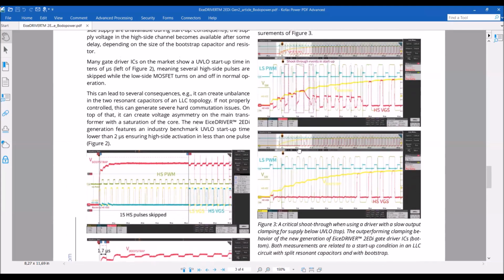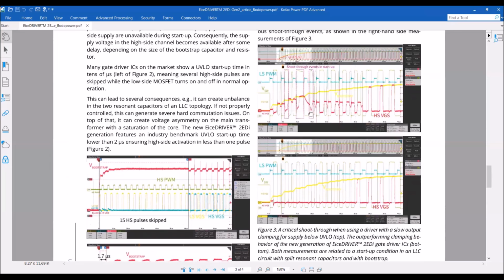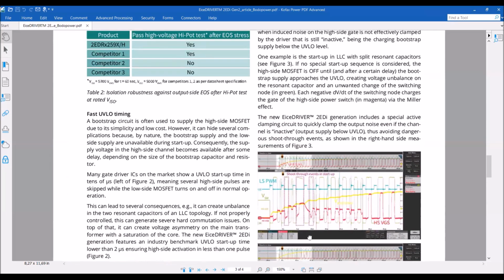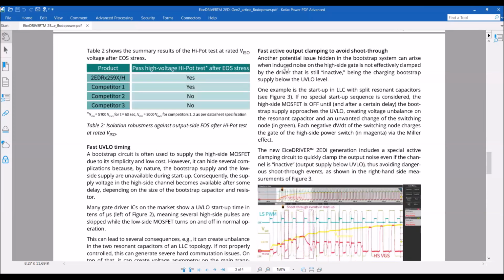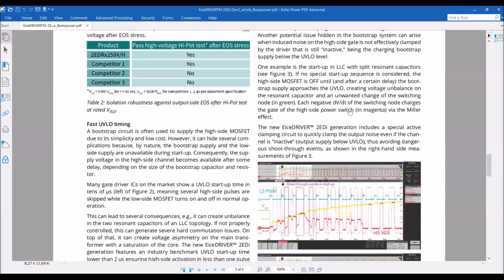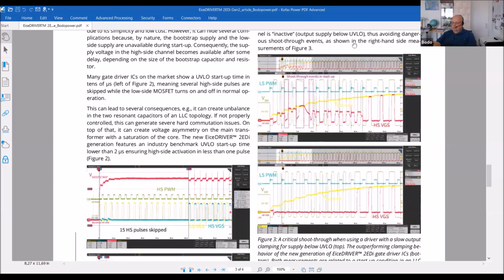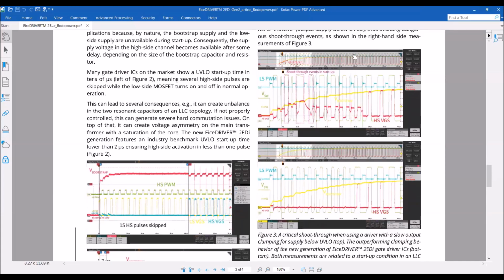The other thing that is also important, and that is a feature that we also describe in these sections, is fast active output clamping. I think that was also part of the question. We also compare here the situation without this feature, which we also found in a competitor device.